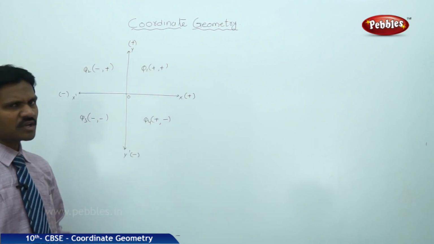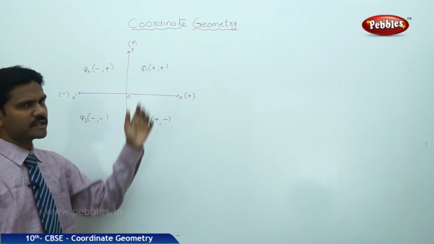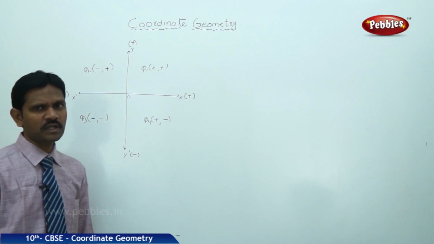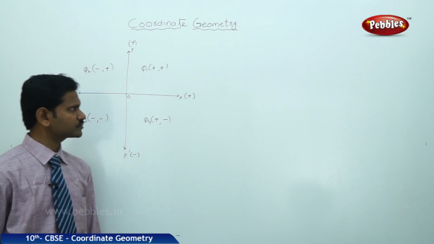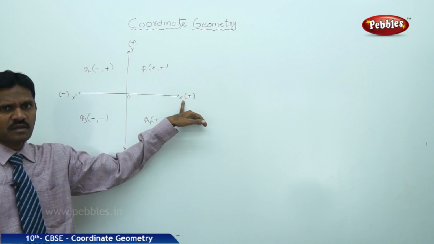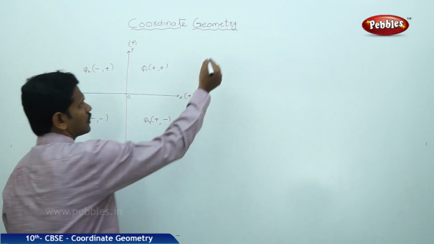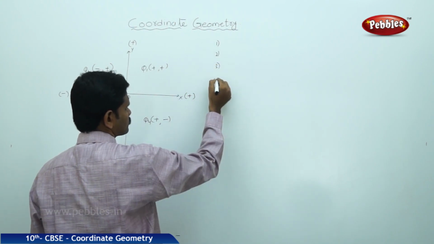Now, based on this, let us go with some examples. Before going to that, we have to learn some important concepts. A point on the x-axis has y equal to 0. Before doing this, let us see some examples.